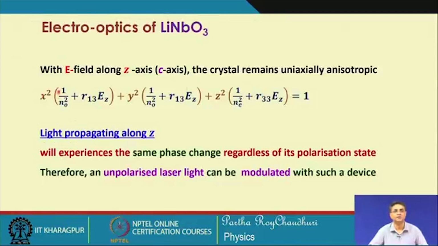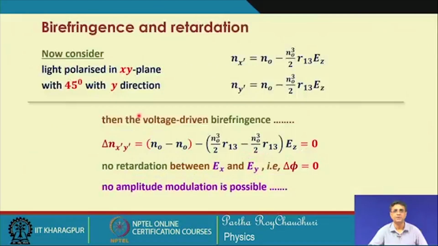So, the directions of the ellipsoid axes remain the same. So, x dash and x, y dash and y, z dash and z, all of them are the same. So, if I use this notation x dash, it just represents the refractive index under the influence of the electric field, and this is the refractive index under the influence of this electric field for the y direction.